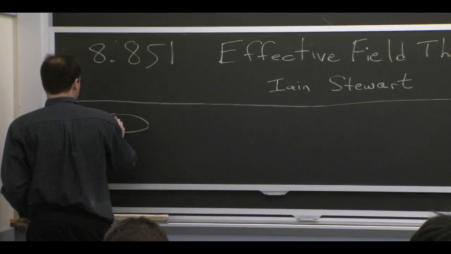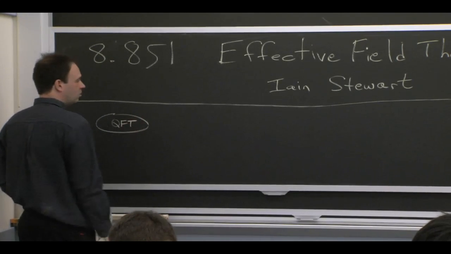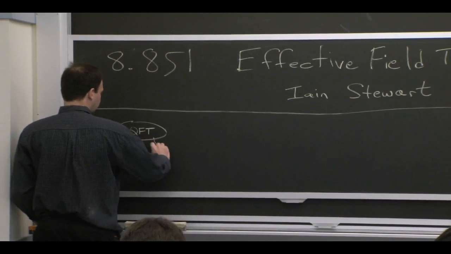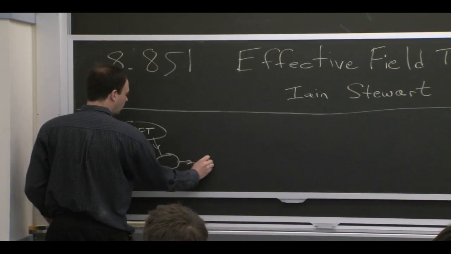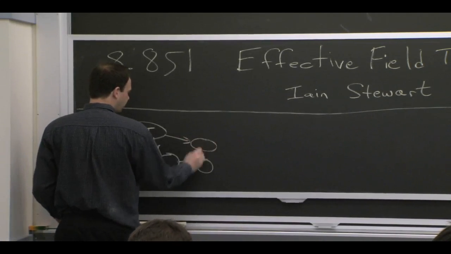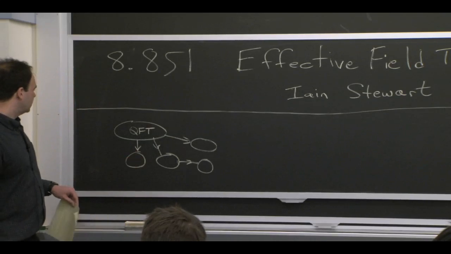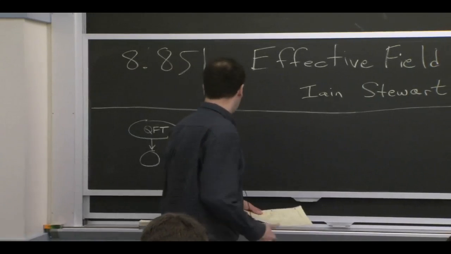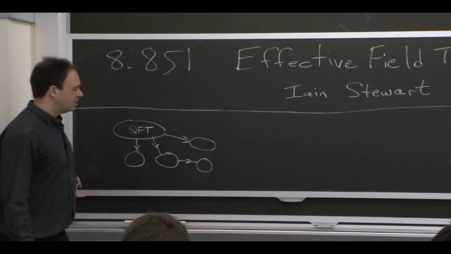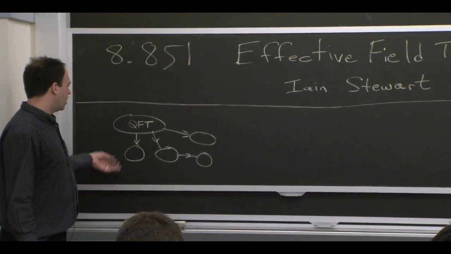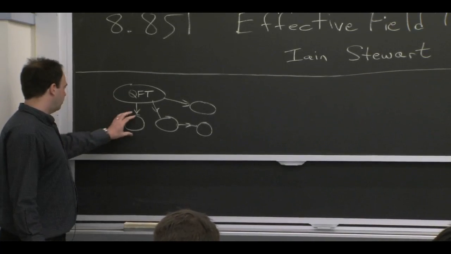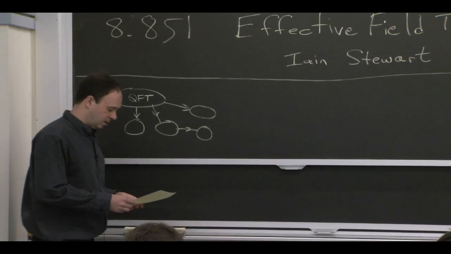So if you want to draw it as a blob, we'll be taking quantum field theory, and we'll be looking for derivatives of it, like this, and figuring out how to take a very general theory, like quantum field theory for the Standard Model, and finding things that are more specific and, in some ways, more powerful than just having the original theory we started with. More powerful in the sense of being able to do calculations.